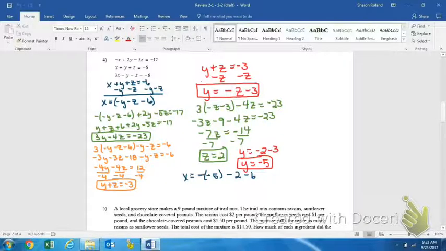So two negatives together, without a number in between, make a positive. So x equals 5 minus 8, which is negative 3. So in order triple, we have negative 3, negative 5, and 2.